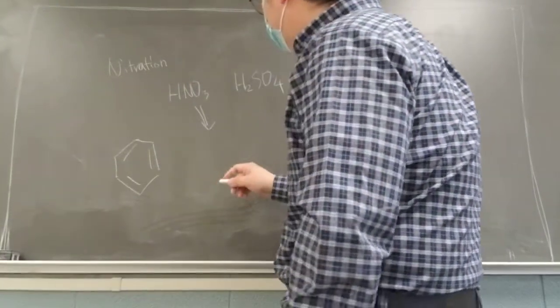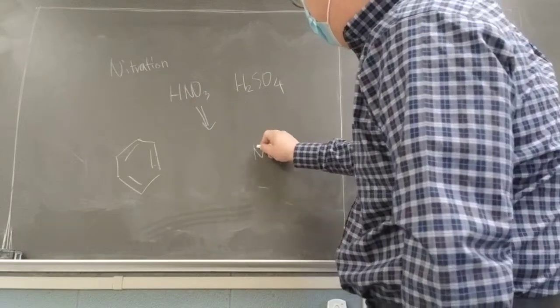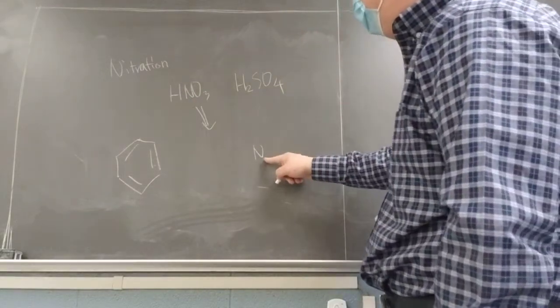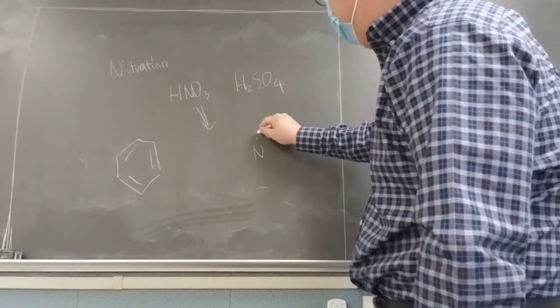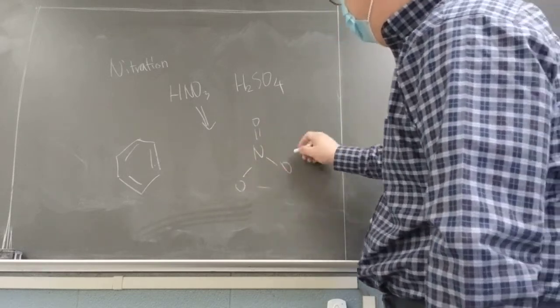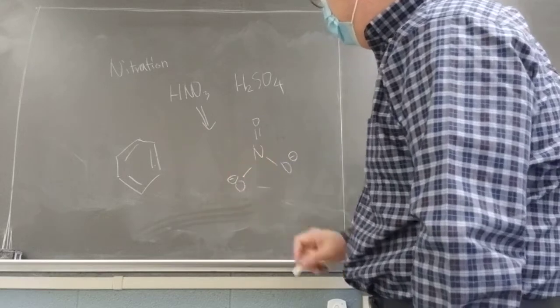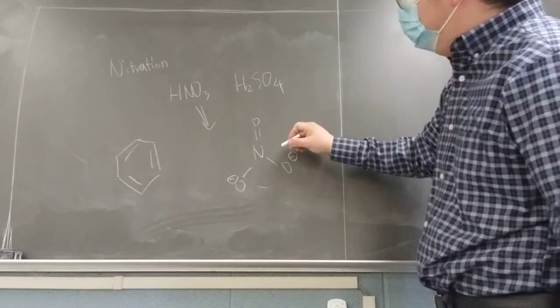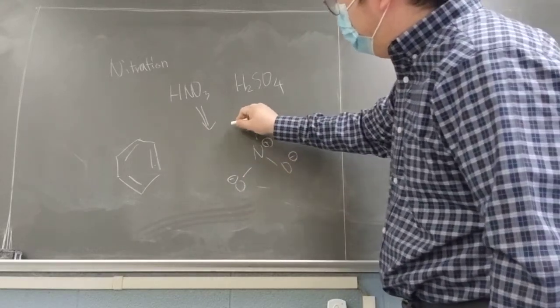If you look at this one, you have a nitrogen center atom with one double bond to one oxygen here, and two oxygens with single bonds. So this is a positive charge.